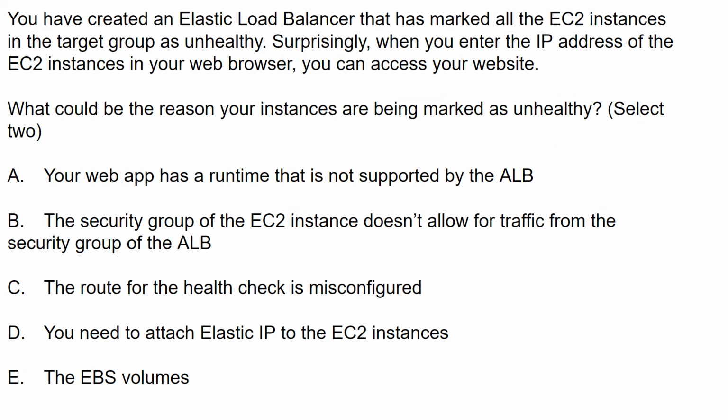Your web app has a runtime that is not supported by the ALB. The security group of the EC2 instance doesn't allow traffic from the security group of the ALB. The route for the health check is misconfigured. You need to attach elastic IP to the EC2 instances, the EBS volumes.